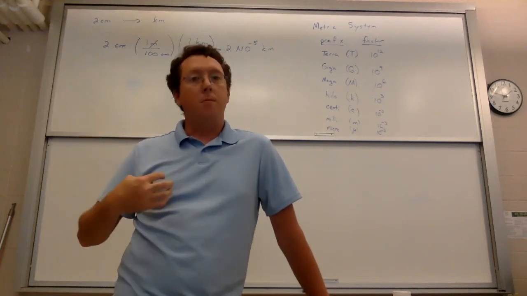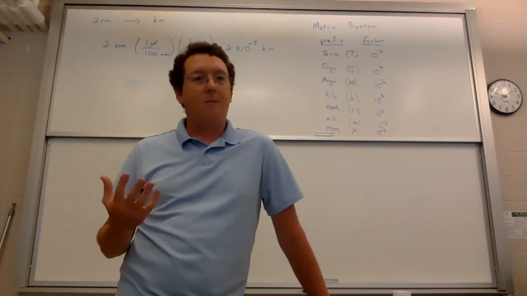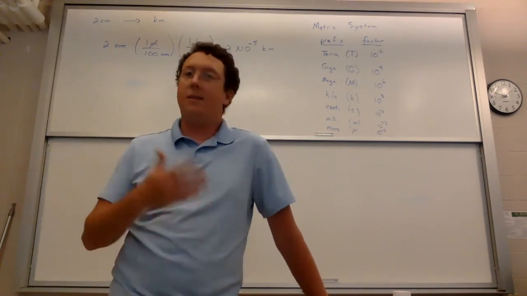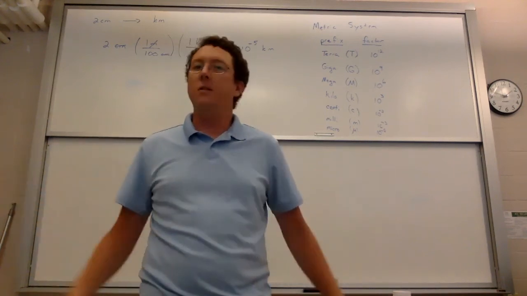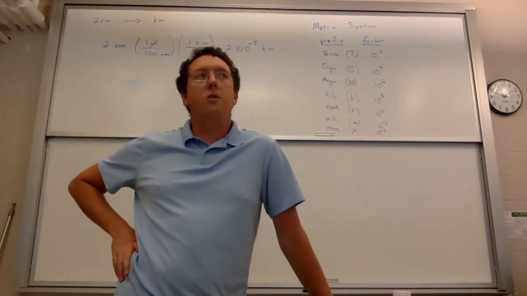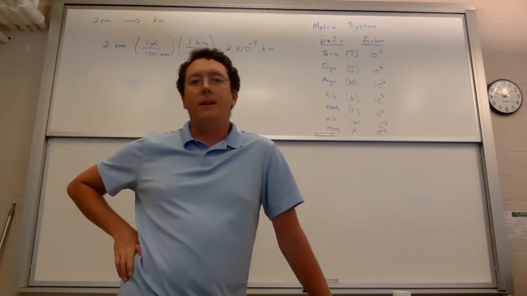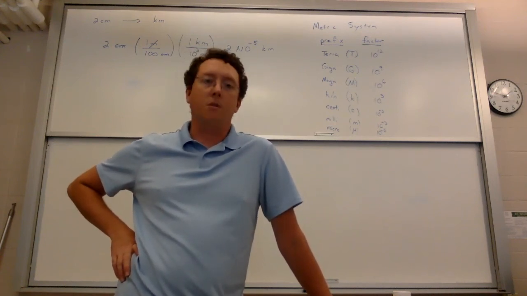And we will solve problems in the metric system. But sometimes, if you're not familiar with what the units mean, you don't have an intuition for them, it's hard to even know if your answers are reasonable. So if you know the conversion factors, you can have a pretty good idea if your results are reasonable.